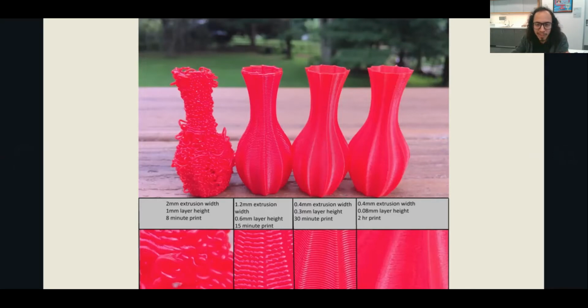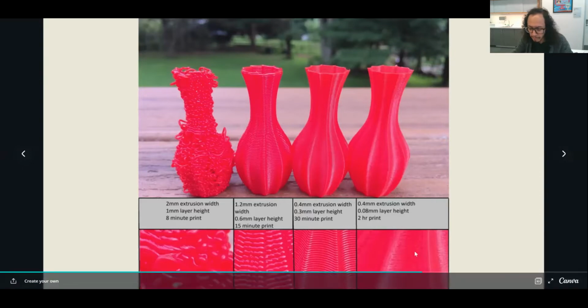If your print is too fast, your previous layer is not going to have enough time to cool and solidify. So it's not going to have a solid foundation for your next layer to start printing. And then as we decrease the layer height, you can see that our print time increases, but our resolution becomes better. Eventually, it's almost really smooth here on the right.